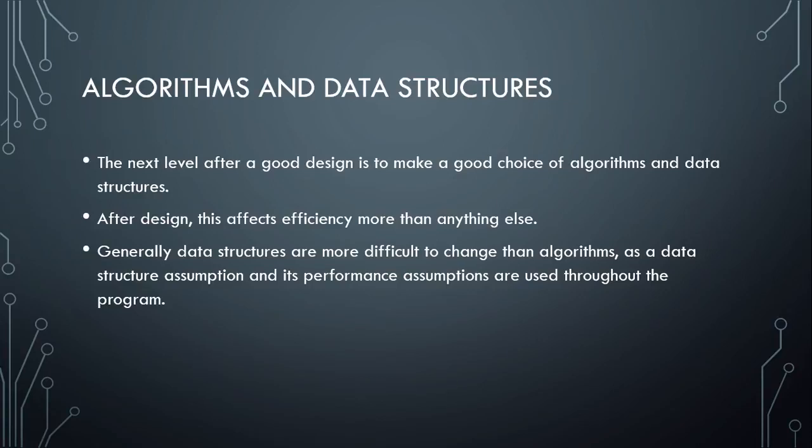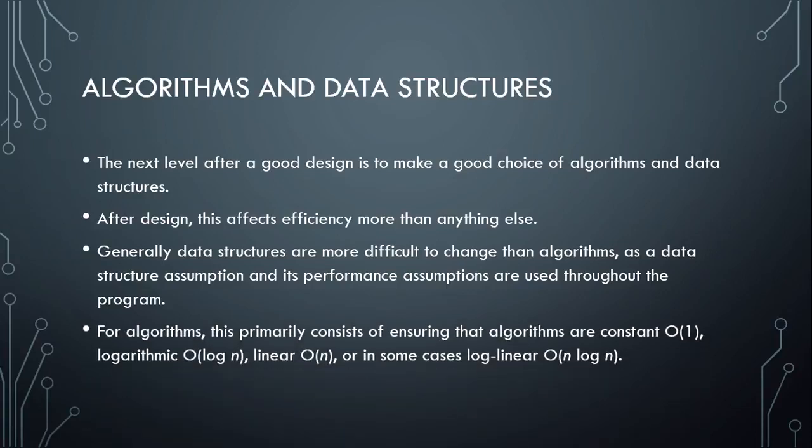So when we start talking about data structures, that's things like, for example, hash tables and binary trees, those kinds of things, versus algorithms, which are just the actual different pieces of the code that you might be using. Now those algorithms, this primarily consists of ensuring that algorithms are either constant, so that's your Big O(1), logarithmic, Big O(log n), linear, Big O(n), or in some cases log linear, that's n log n.